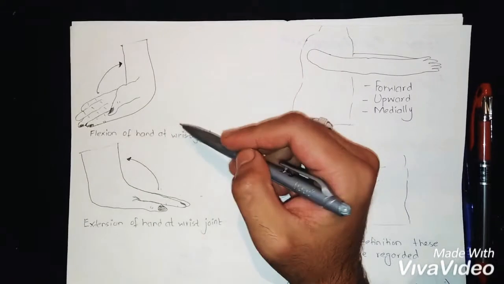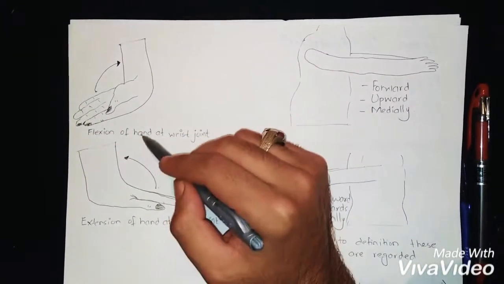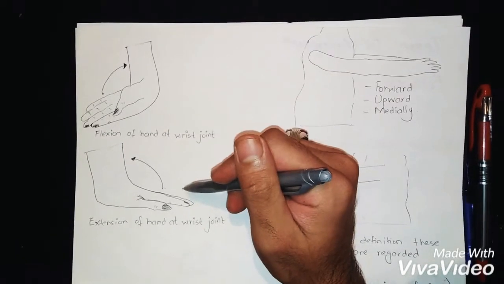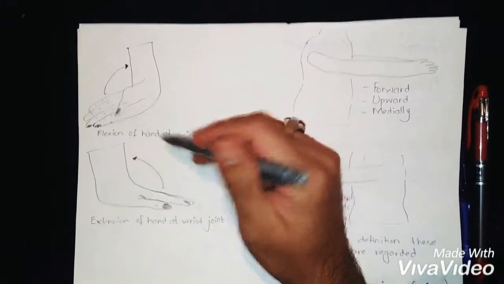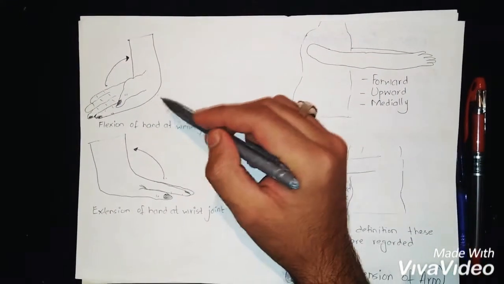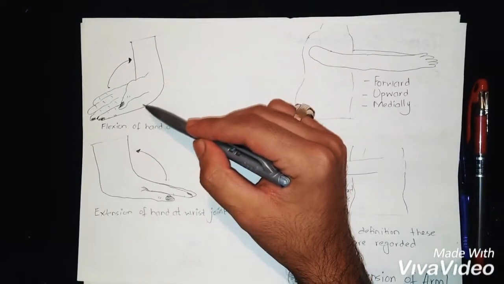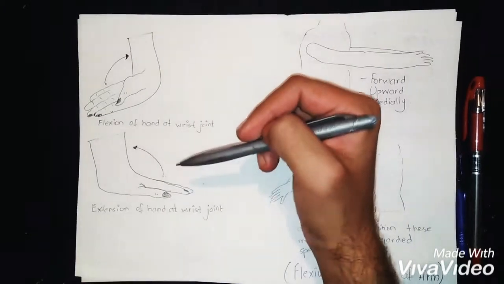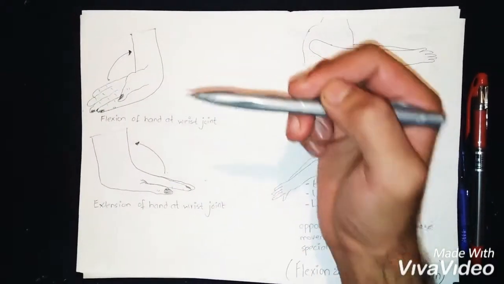So here that definition fails. But we can differentiate flexion and extension easily according to the surface of the body: flexion is the movement towards the anterior part of the body, and extension is the movement towards the back of the body.